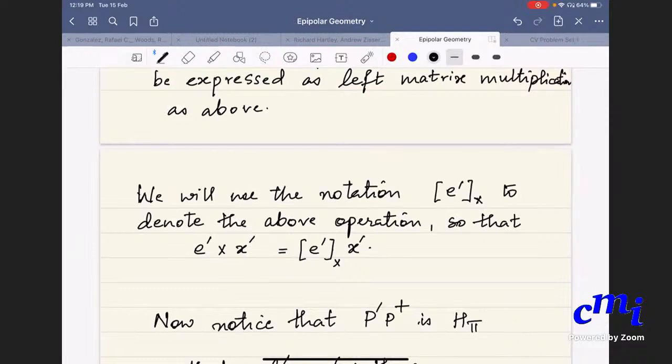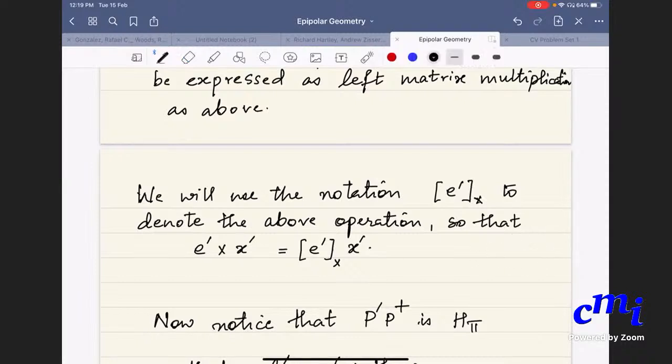The notation E prime cross will mean that if I'm applying E prime cross to some vector t, or multiplying it with some vector or matrix m, then I'm taking this matrix corresponding to the cross product with E prime and multiplying it with whatever vector or matrix comes later. That is going to be the notation from now on.